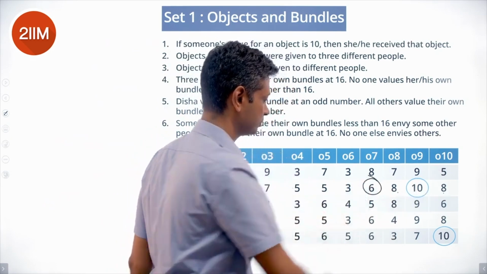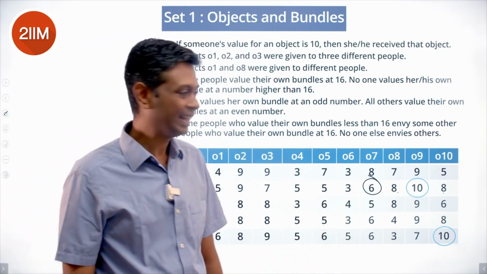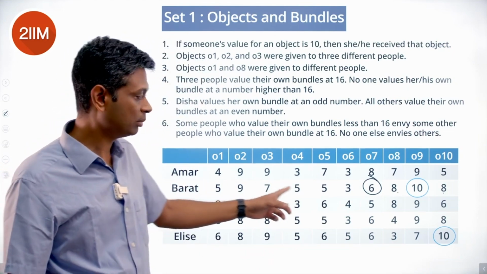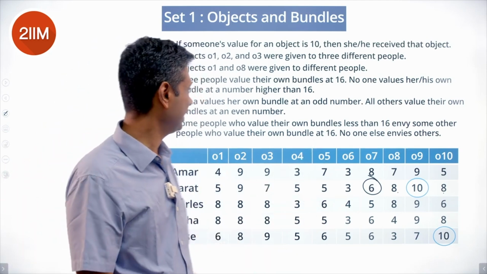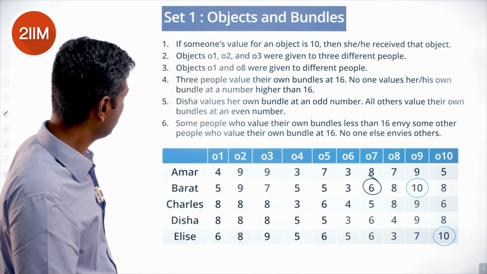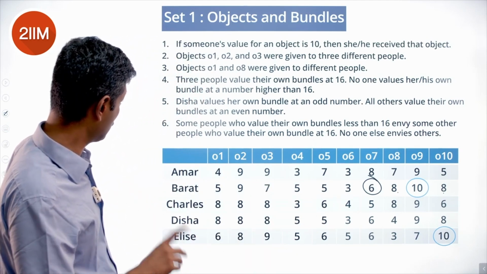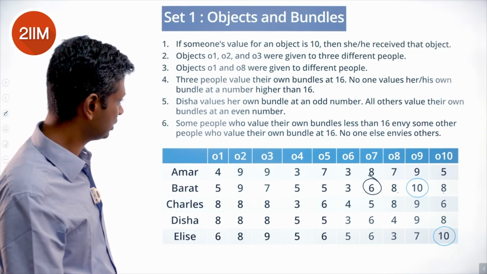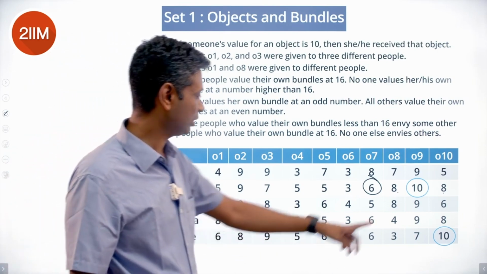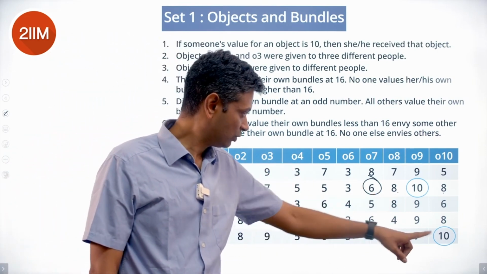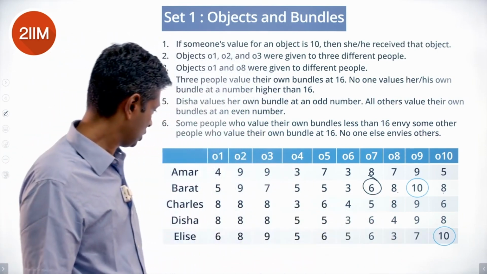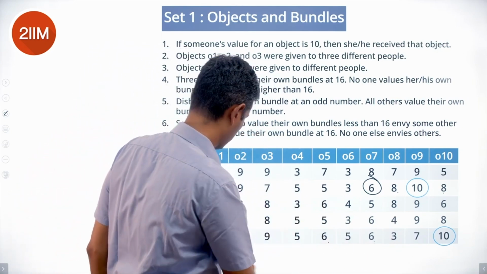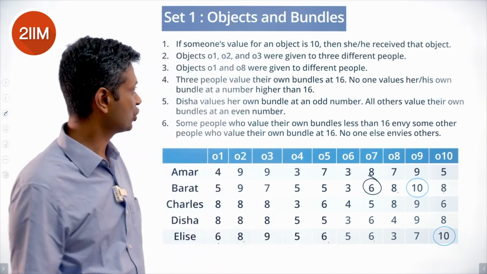It must be this: 10 plus 6, 16. Technically speaking, Barat could have had an odd number, the rest being even, and then there being 10. So 3 people value their bundles at 16. Disha values her own bundle at an odd number. All others value their own bundles at an even number. So 10 plus 6, 16. Whereas for this 10, this can't be 8. There is a 6 here, a 6 here, and a 6 here to take it to 16.